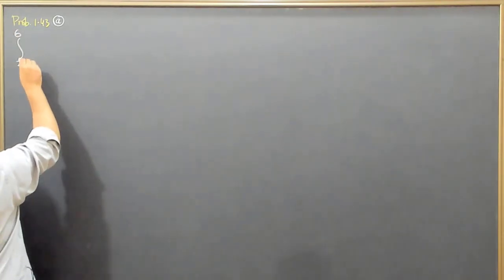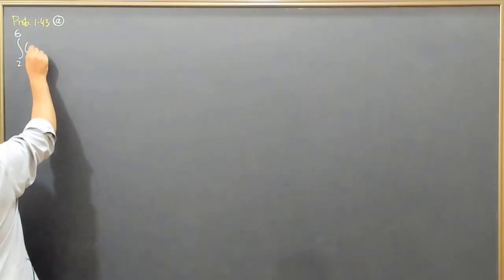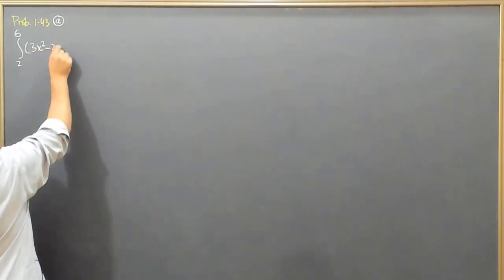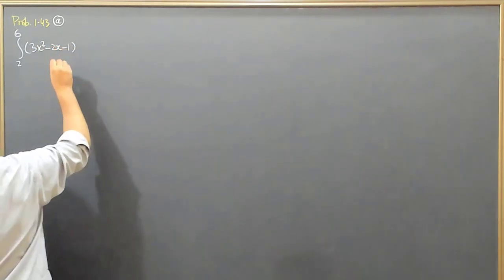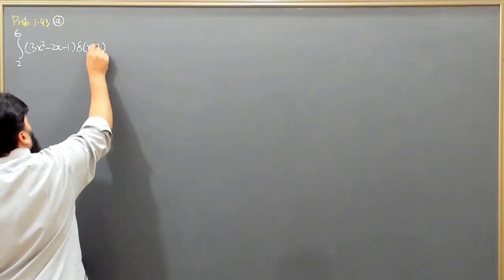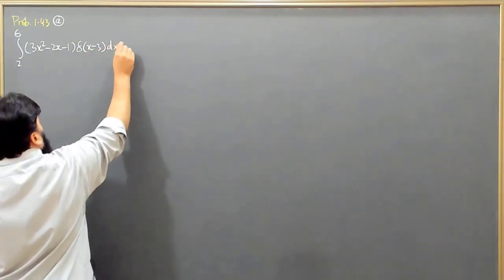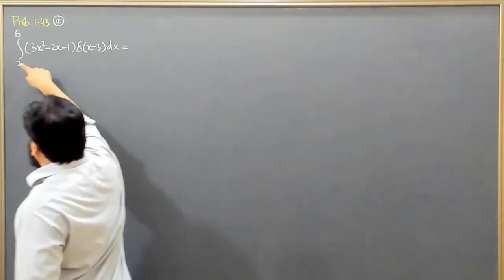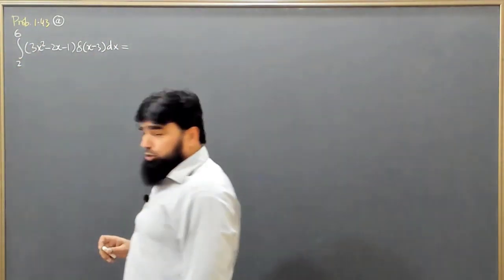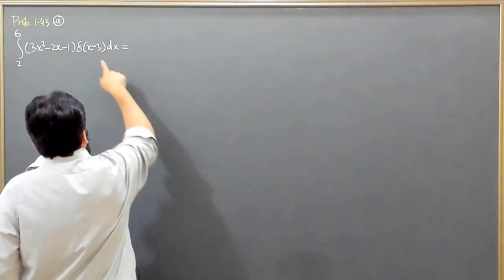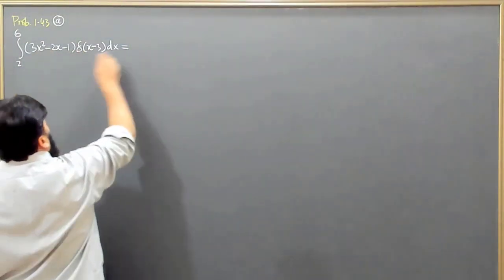This is the integral from 2 to 6 of the function 3x squared minus 2x minus 1 times delta of x minus 3 dx. Now this 3 is in the range from 2 to 6, so it is right, and for x we will write 3 here.